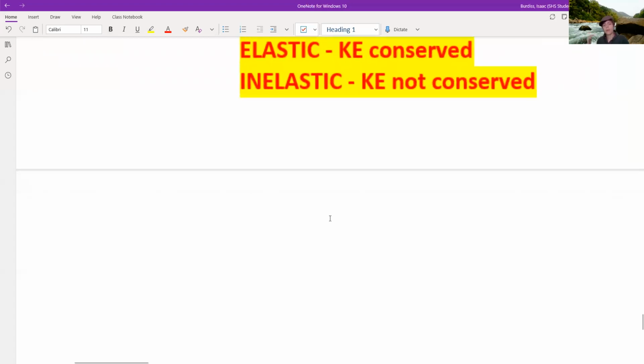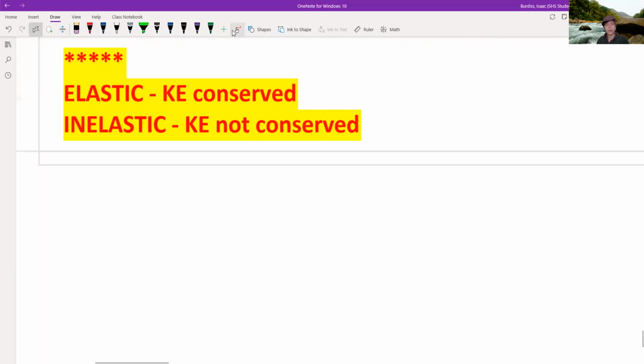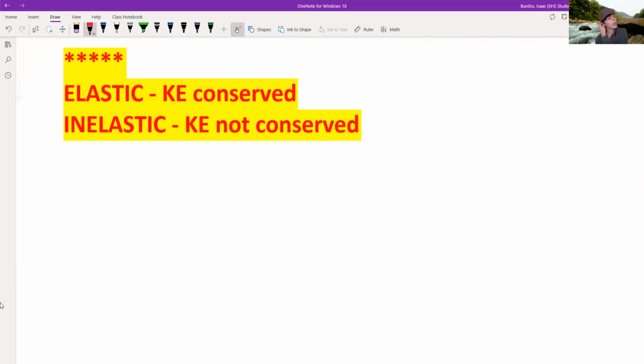And as for what I've done for the other units, the thing that I didn't explain is this. An elastic, kinetic energy conserved, inelastic not conserved. And the general momentum equation for finding a specific mass or velocity, you would need to do this.